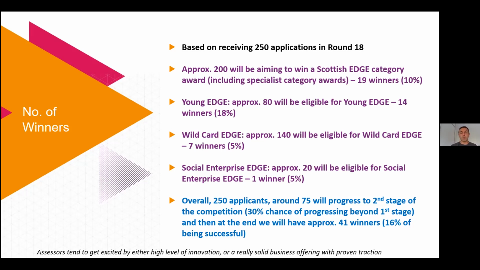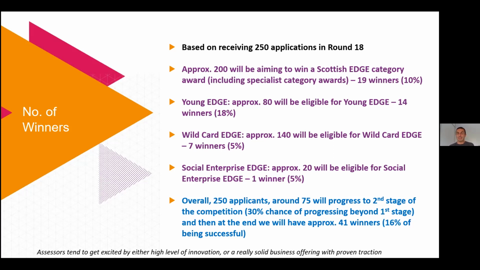So if we take 200 as eligible for Scottish Edge, and go back to one of the first things we spoke about, there is a competition aspect to this. All 200 businesses will be aiming to try and win places at the next stage. So we'll probably take 40 businesses into the semi-final stage of Scottish Edge.